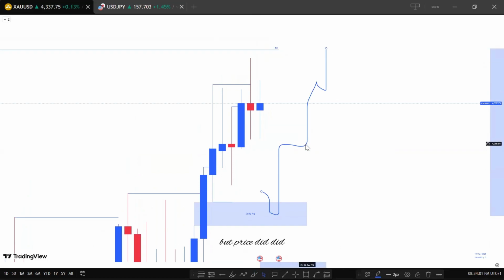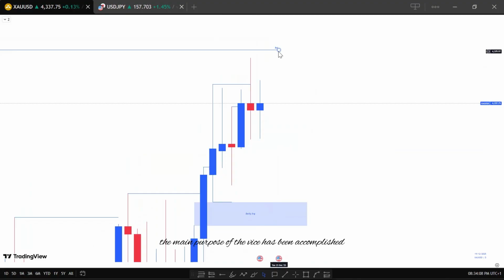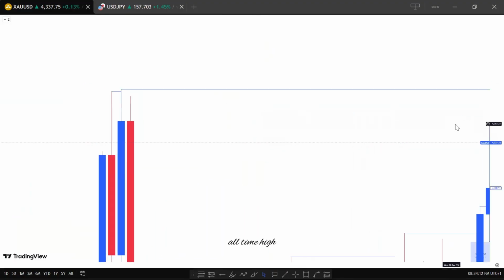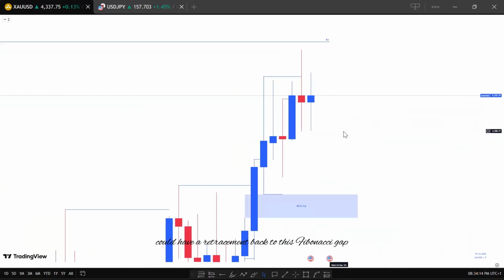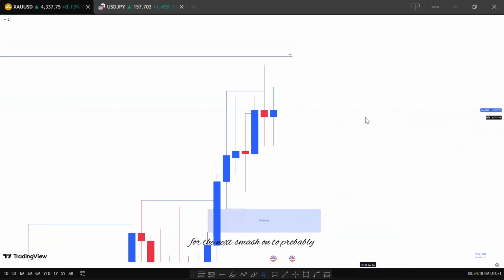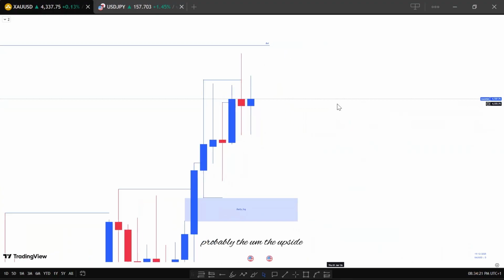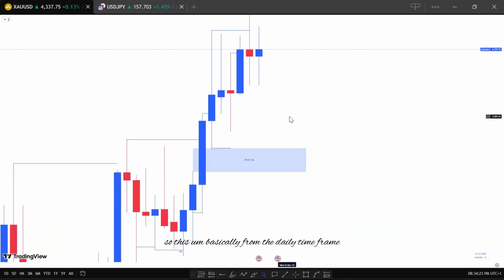But price did not really come back for the fair value gap. Maybe after the main purpose of the buys has been accomplished at this all-time high, then we could have a retracement back to this fair value gap for the next expansion to probably the upside. So this is basically from the daily time frame.